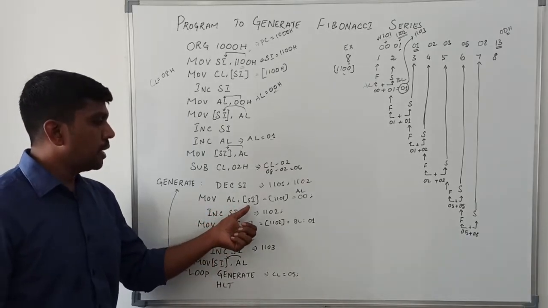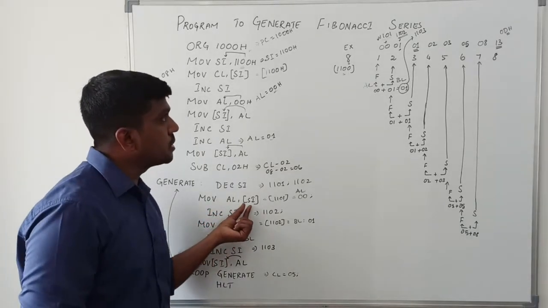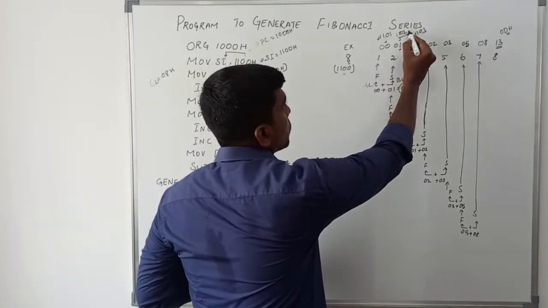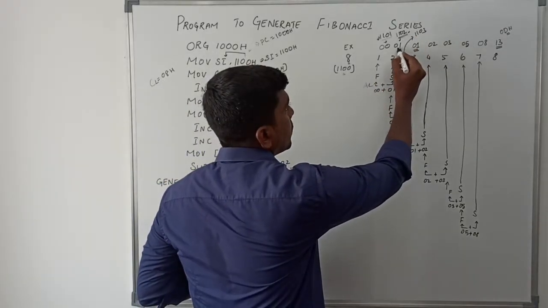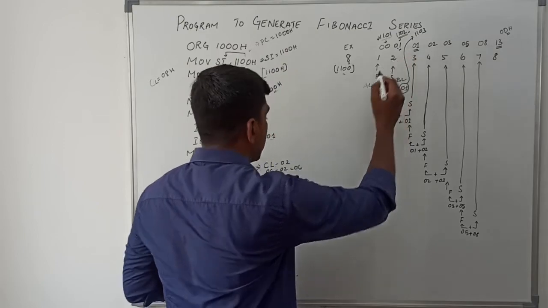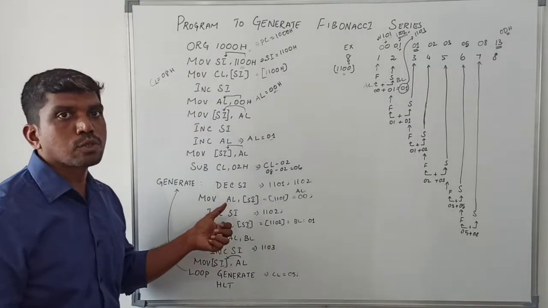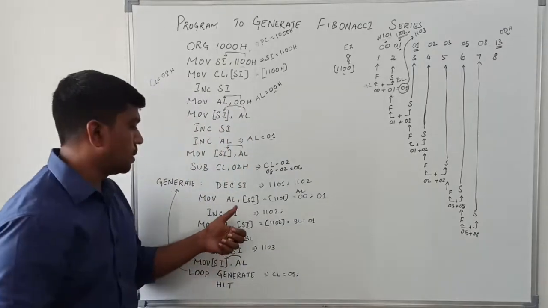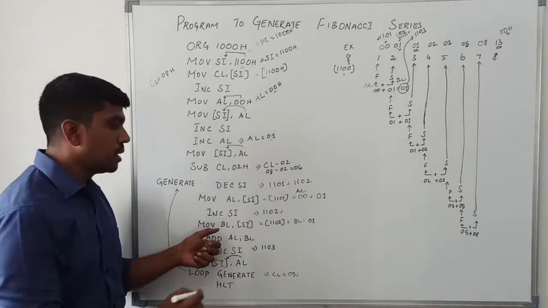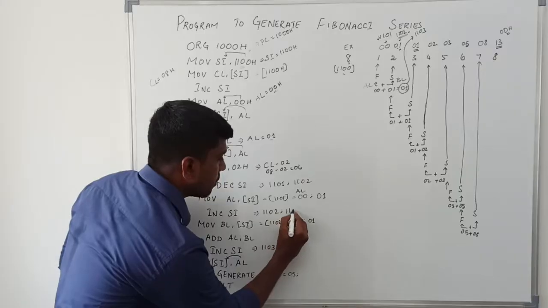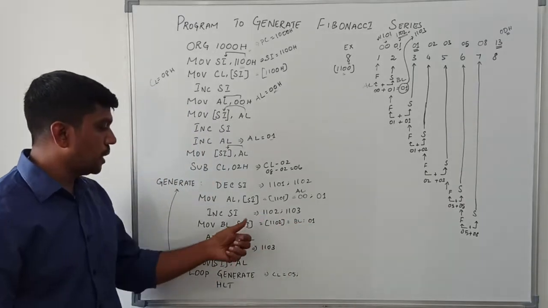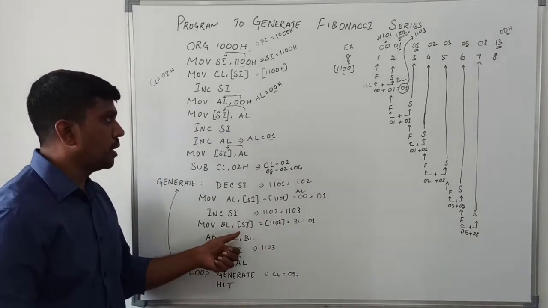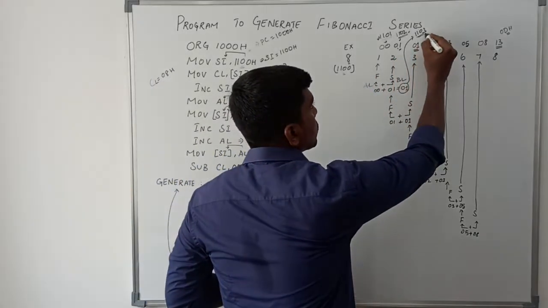MOV AL, [SI]. Now the SI register memory location is 1102. Whatever data is present in this memory location, this content is transferred to the AL register. After execution of this instruction, the AL value is 01. Then INC SI. After incrementing, the SI value goes to 1103. MOV BL, [SI]. Now the SI value is 1103.